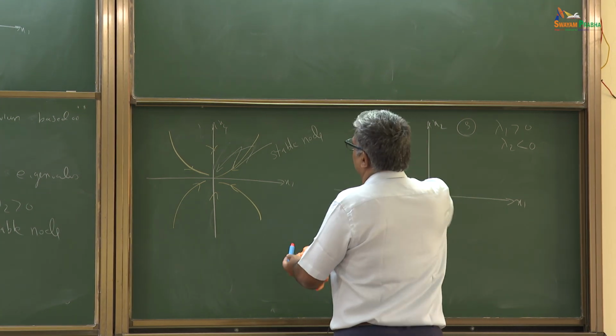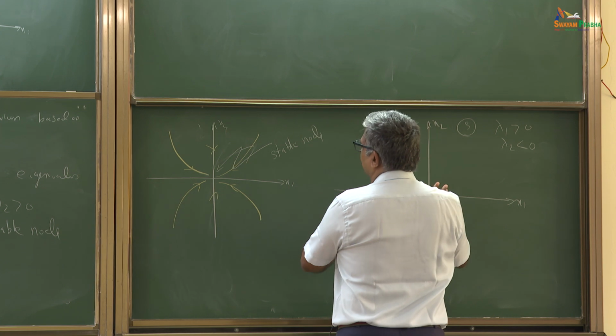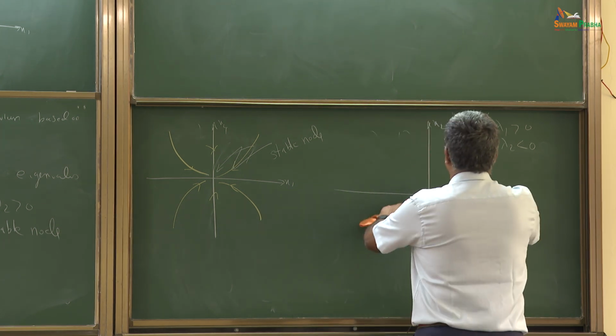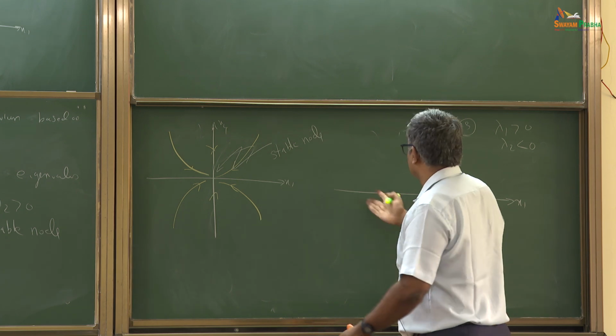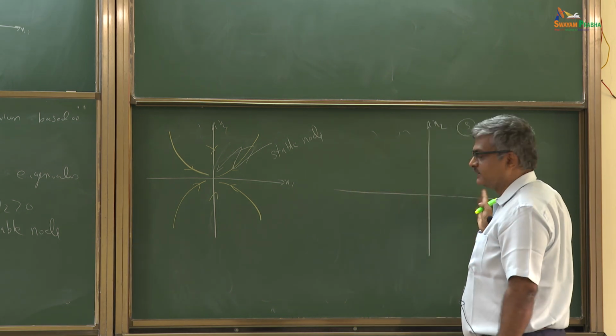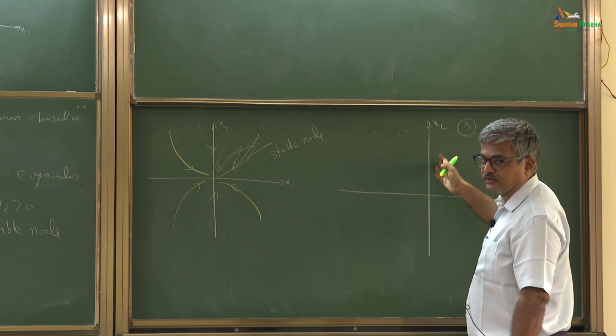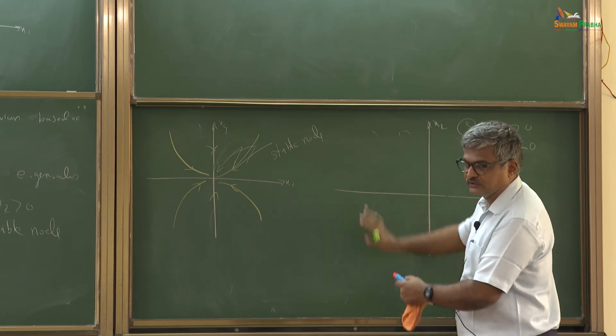In fact, you can choose your coordinate system in such a way that the eigenvectors are nothing but the axes here, right? Along one axis is one of the eigenvectors, along the other axis is the other eigenvector. You can always choose some canonical transformation.